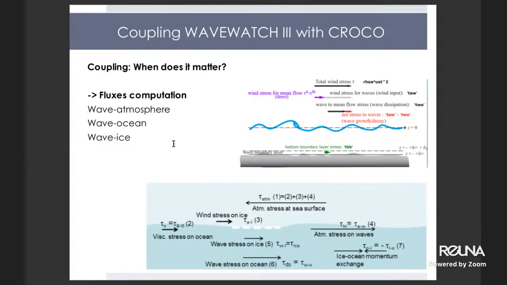And on the bottom, you also have wave-ice interactions that come into the loop. So flux computation is not an easy part, but it's important. And in ocean atmosphere wave coupling, it's one of the biggest challenges.